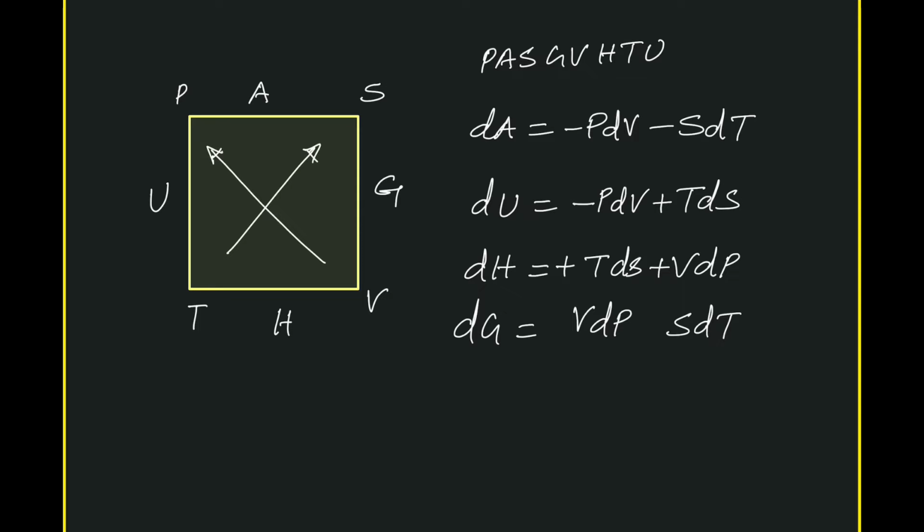For S, the arrow is pointing towards, so we have V dP minus S dT. For V, the arrow is pointing away, so we have positive. Thereby we have all these fundamental energy relations.